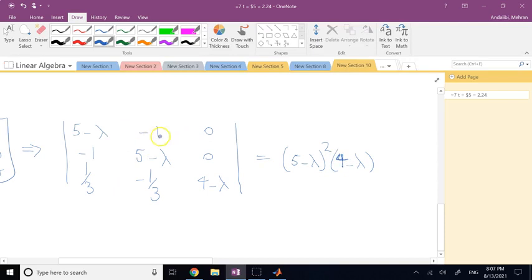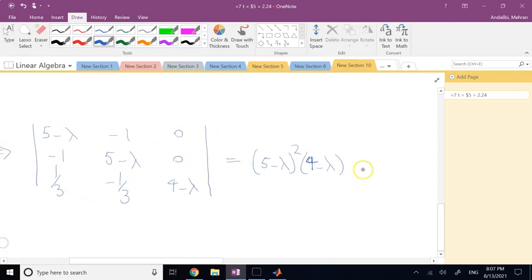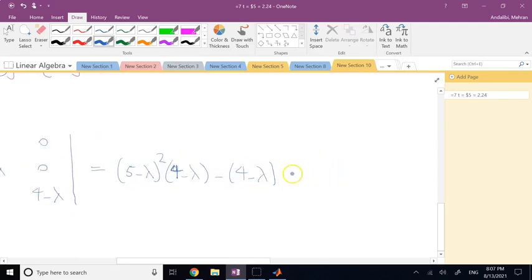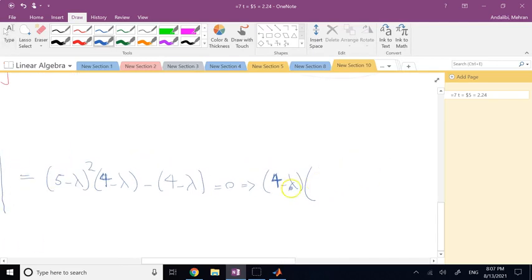So that's 0, that's 0, this is 0, that's 0, and then you will get minus 4 minus lambda. This is equal to 0, and if you factor out, you'll get 4 minus lambda times 5 minus lambda squared minus 1, which is going to be lambda squared minus 10 lambda plus 24.